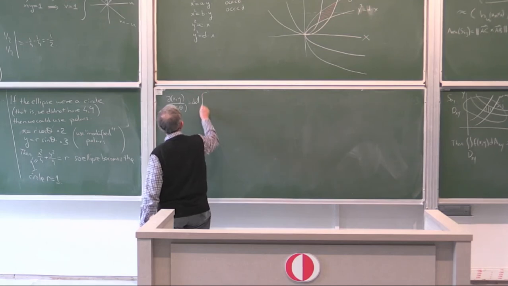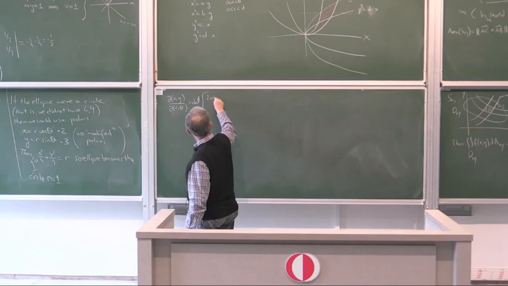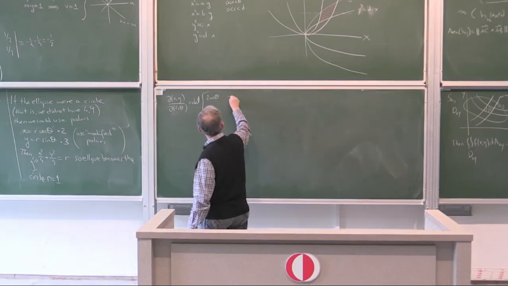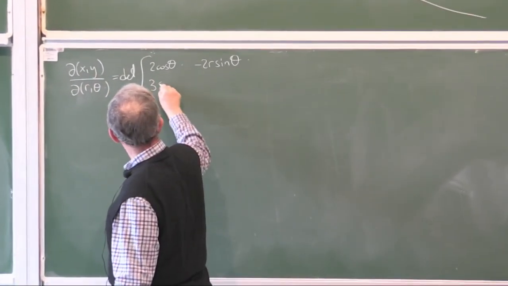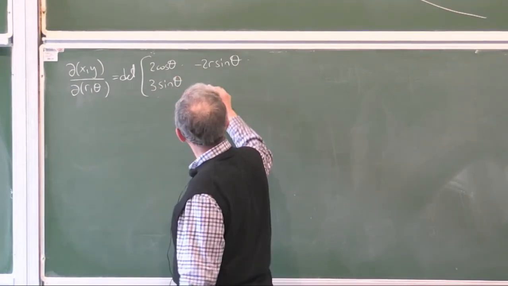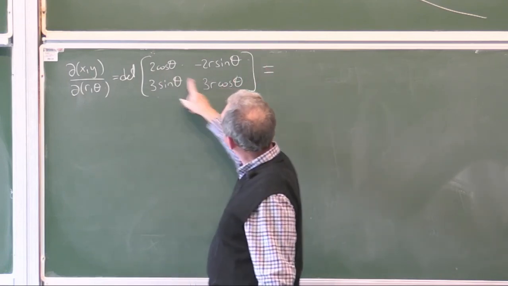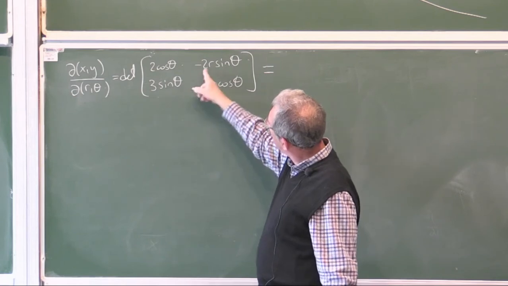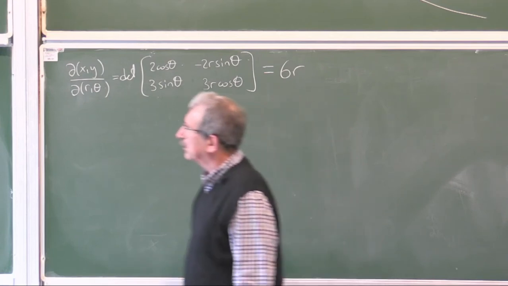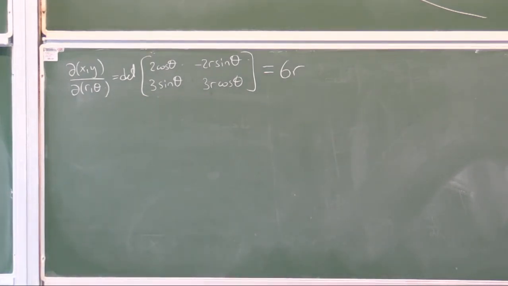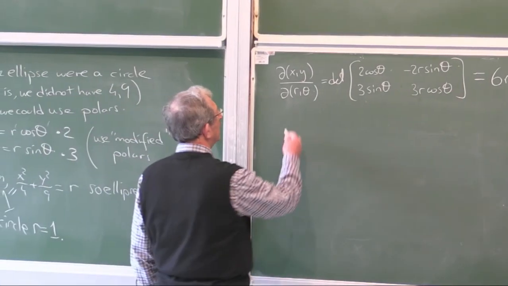This would be the determinant of, let me calculate it directly, derivative of x with respect to r and theta, so 2 cosine theta, and with respect to theta, minus 2r sine theta, and y with respect to r would be 3 sine theta, and this one would be 3r cosine theta, and this determinant would be 6r cosine squared minus minus plus 6r sine squared, so it would be 6r. So by introducing 2 and 3, because we take the derivatives, the product comes into the picture. Well, this is what we want.